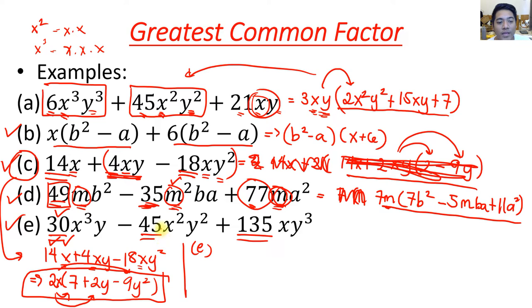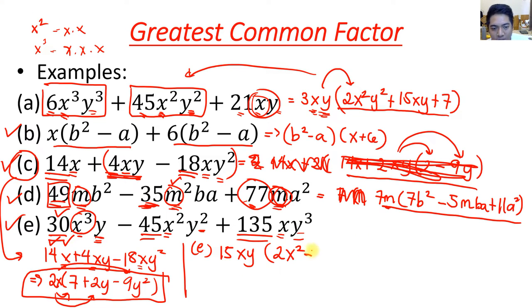Now how about for the xy? They have x as common, and they have y as common. So we have to factor out 15xy. 15 times 2 would be 30, so I factor out 1x and 1y, and this will become y squared, x squared, leaving it as it is because I already factored out y.